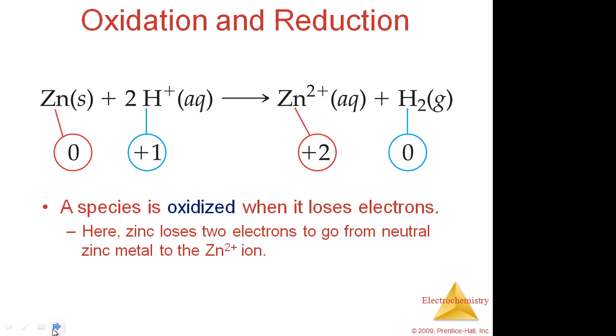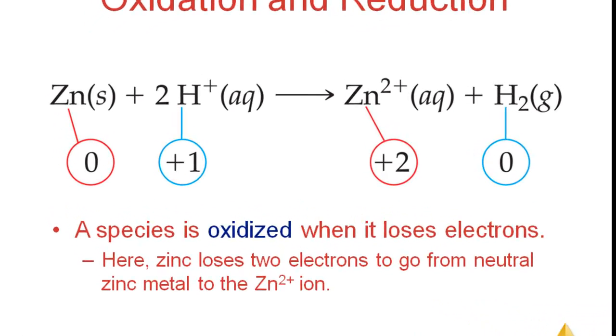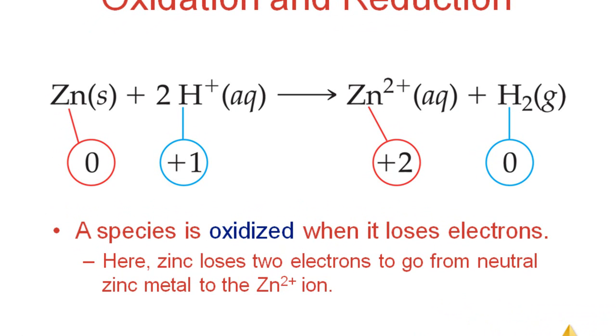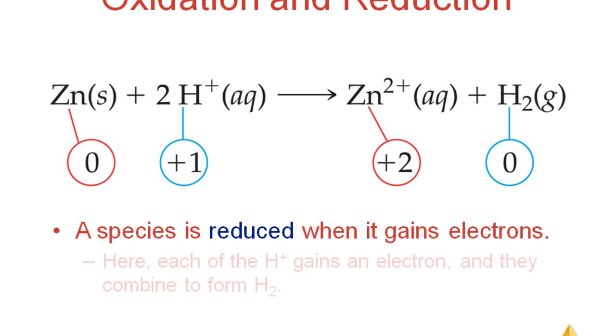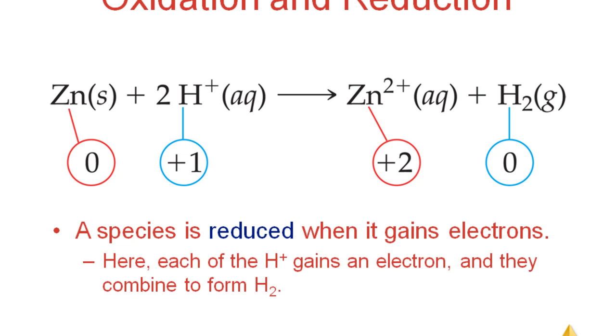When 2 electrons are removed from the neutral zinc atom, it becomes a zinc 2+ ion. So we say zinc is oxidized because it lost 2 electrons to go from neutral zinc to the zinc 2+ ion. Similarly, a species is reduced when it gains electrons. Let's look at hydrogen. Here H+, right? And on the right side we see it as H2.